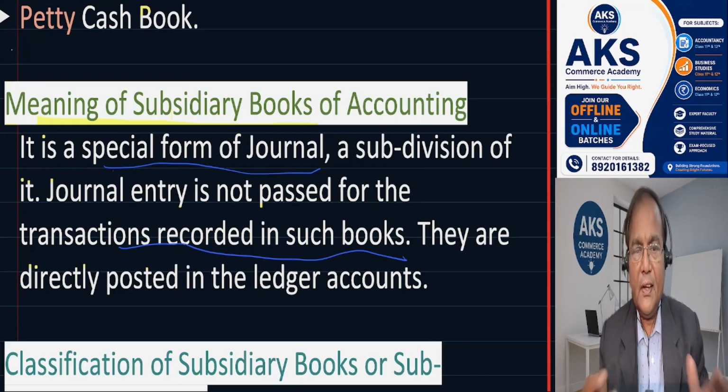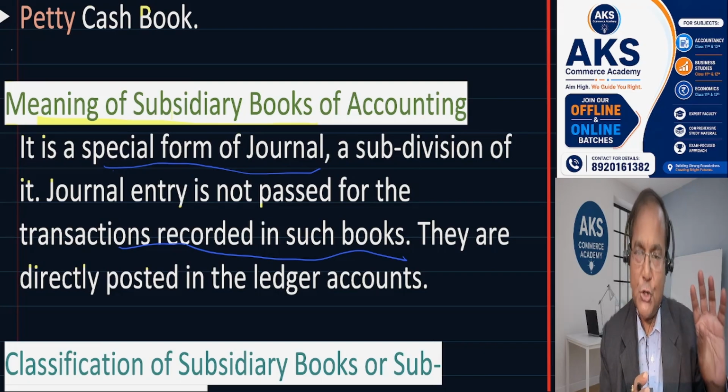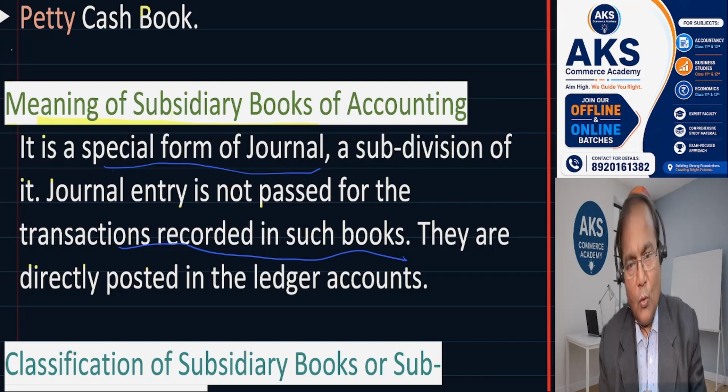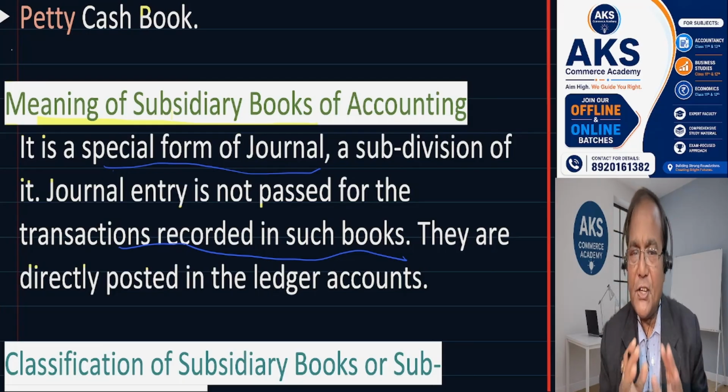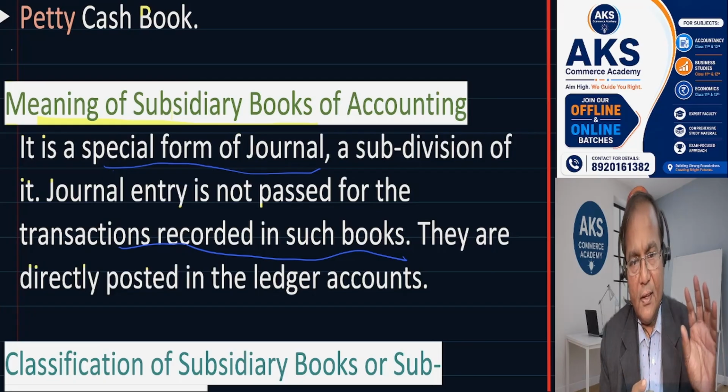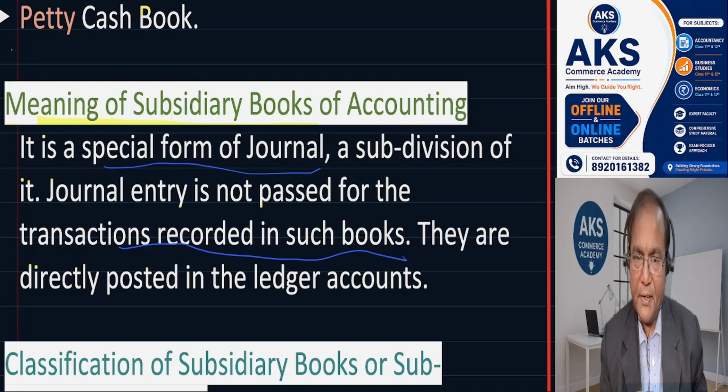That means if there are, say, 100 transactions happening, which one is to be entered in journal, which ones are to be entered in various subsidiary books, that is to be decided. If it is to be entered in subsidiary books, any of them, as per the nature of the subsidiary book, it will not be entered in journal.